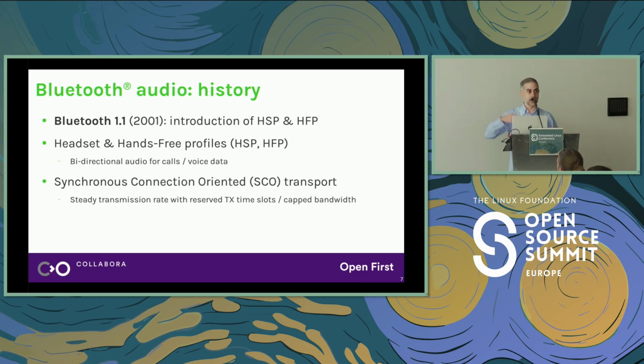So you have a steady connection because you have reserved time slots that are not going to be taken by something else. But at the same time, you have capped bandwidth. You cannot exceed the reserved slots in terms of bandwidth. So that gives restrictions as well. It is good for voice, but it doesn't scale after that.